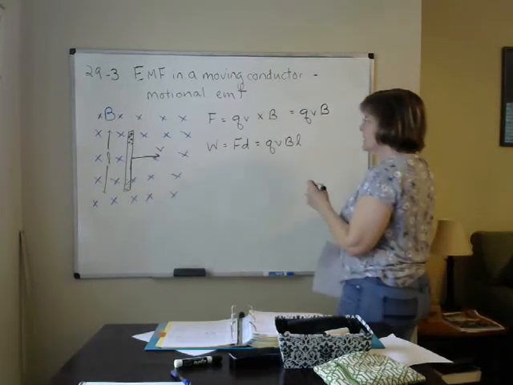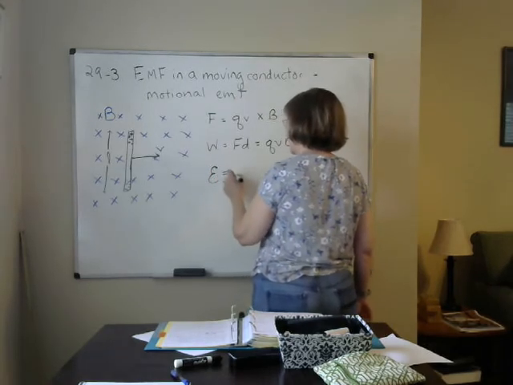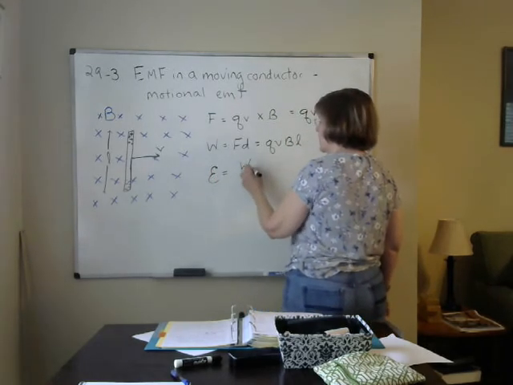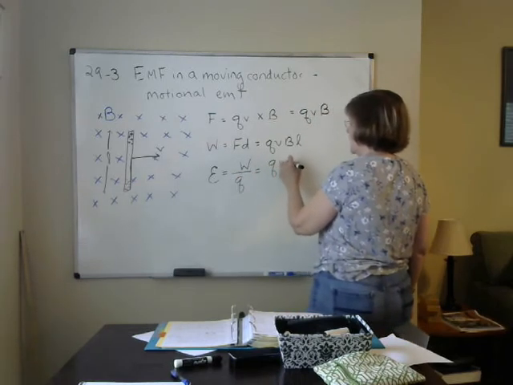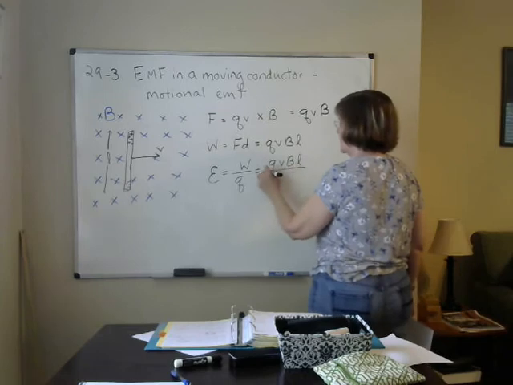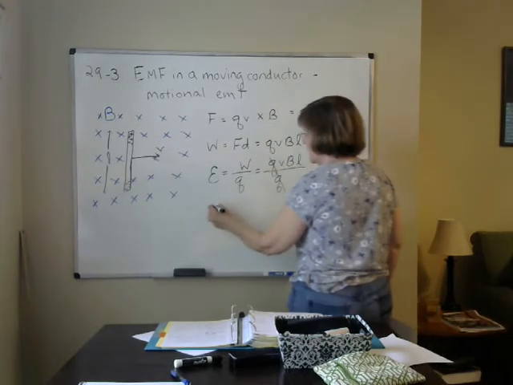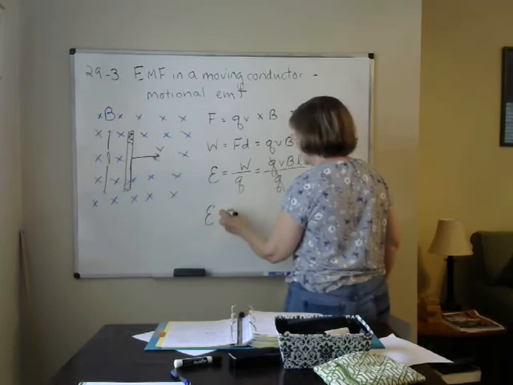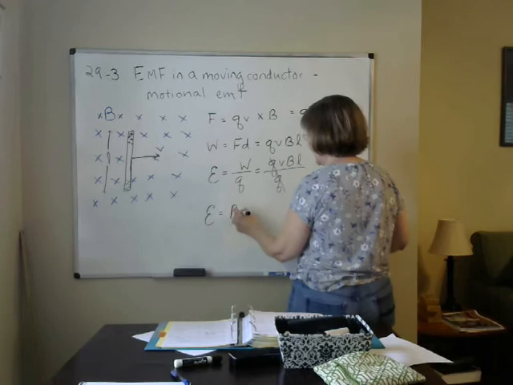Our definition of voltage, or EMF, is work per unit charge. So if we do QvBL divided by Q, that cancels out. And we get this, the motional EMF, and it's usually written in this order in your book, BLv.